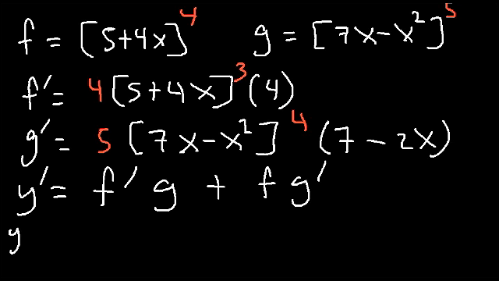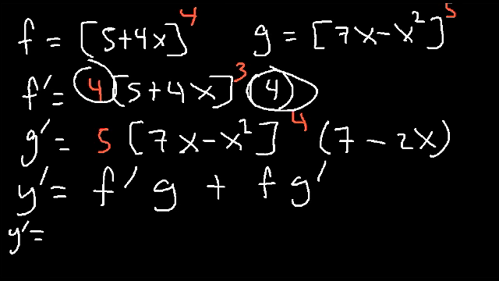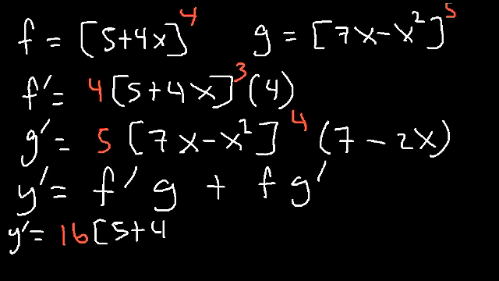So f prime is this thing right here. We can multiply the 4 and 4. So that's going to be 16. So f prime is 16 times 5 plus 4x raised to the 3rd power.